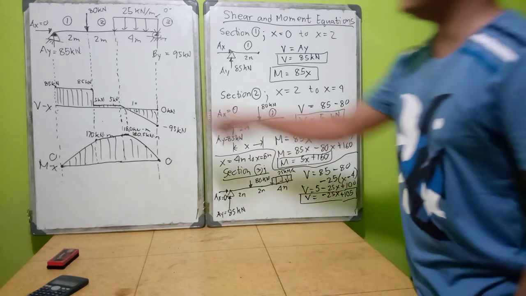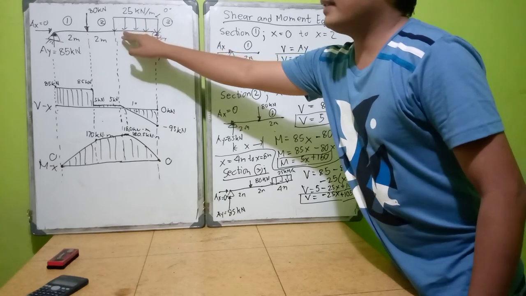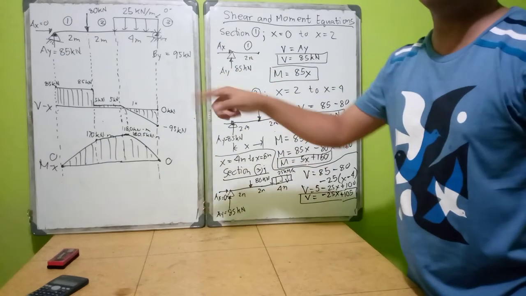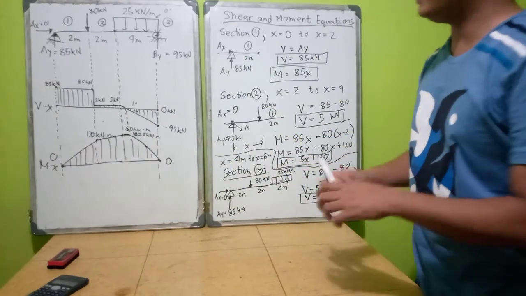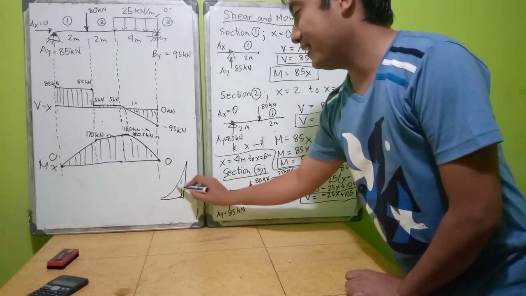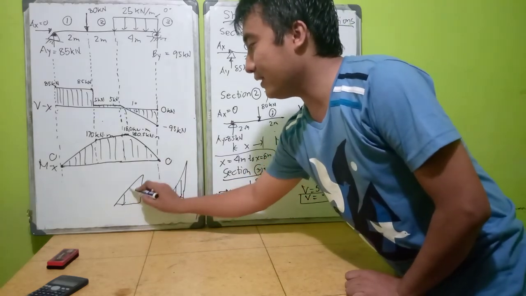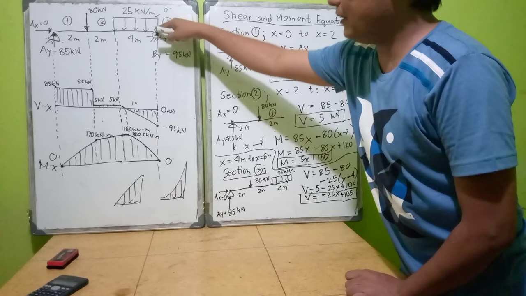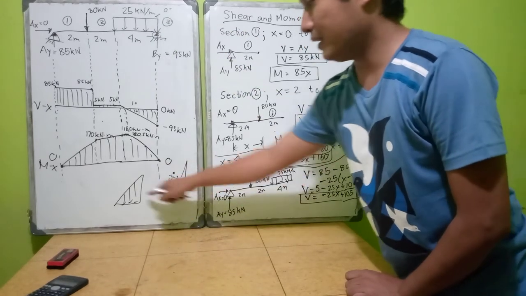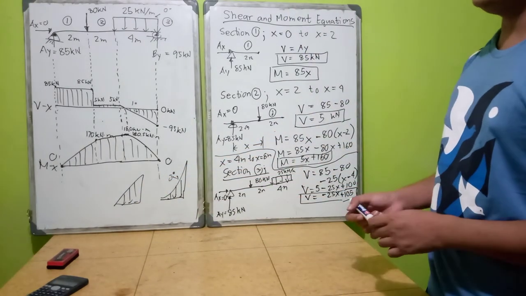What if the distributed load is triangular or has a 1-degree curve, a 2-degree curve, or 3-degree curve? Let us say the shape of your load is like this, or even just a triangular load. It will become more difficult. If that is the case, you use shear and moment equations.